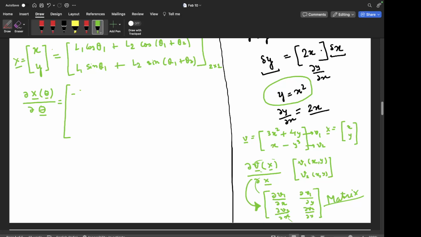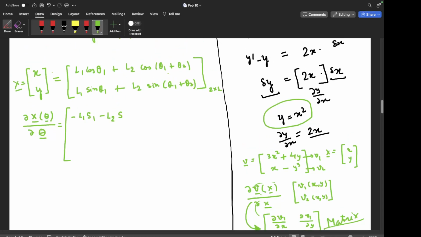So it will be L1 S1, right? Derivative of cos theta 1 is sin theta 1, with a minus, and the second term also has theta 1, right? So minus L2 sine, and the derivative of cos of theta 1 plus theta 2 with respect to theta 1 is sine of theta 1 plus theta 2, so S12, okay? This is the first row, first element.